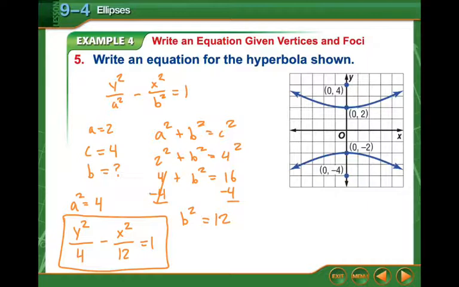But a squared also stays going first, no matter if it's the larger number or not. So before, a squared was always the largest number, and that's why y was above it. Now y is above it because of the orientation of the figure. Really, that's the case in both, but a squared for ellipses is always going to be bigger, so it's always going to go first.